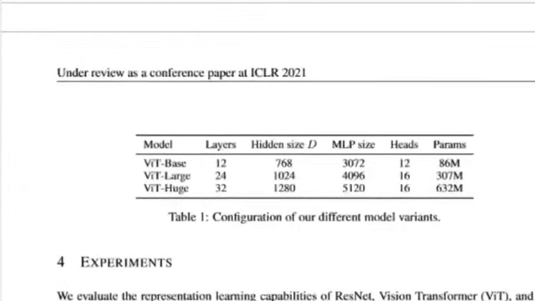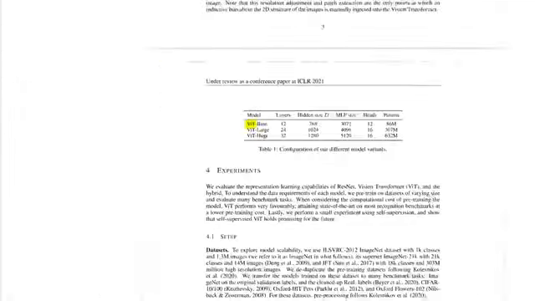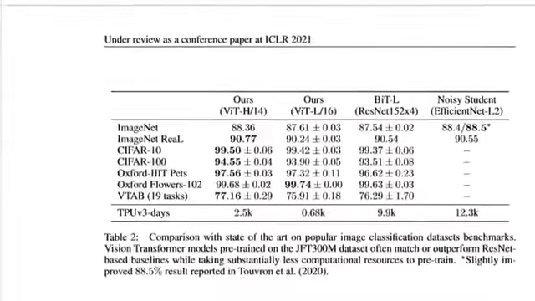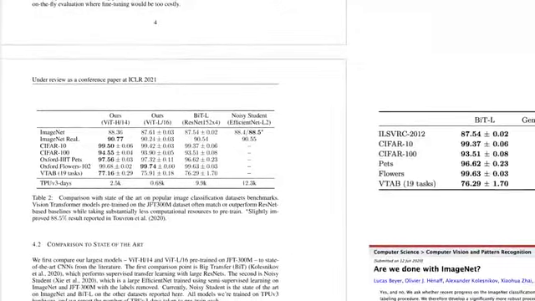Also largely disregard the fact that their model is called ViT, while the other paper's model is called BiT. Disregard the fact that they train on the exact same datasets, as you can see right here. This here is ImageNet, then CIFAR-10, CIFAR-100, pets, flowers, and the VTAB, this Visual Task Adaptation Benchmark. I've done a video on that too, by Google.